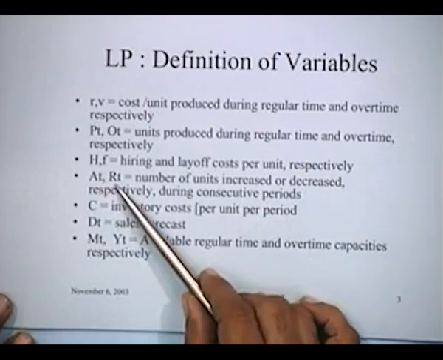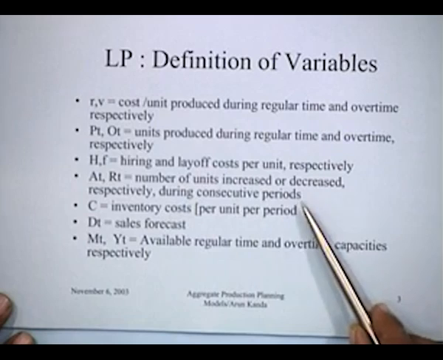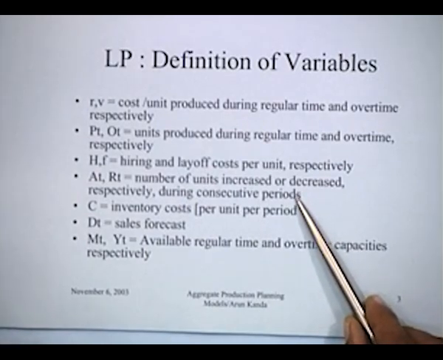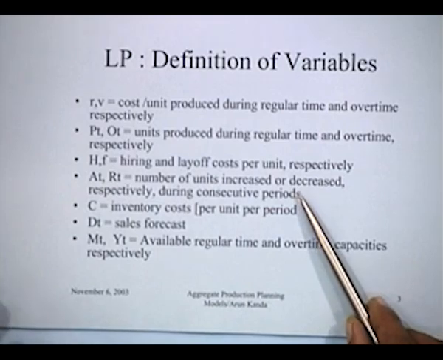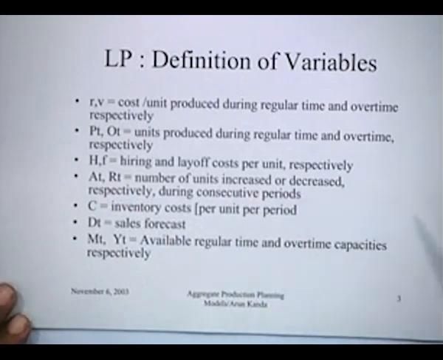Capital AT and RT are the number of units increased or decreased respectively during consecutive periods, which means that if your production was, let's say, 200 in the first period, you could make it either 250 in the next period, in which case there is an increase, or you could cut it down to 180, in which case there is a decrease. So these variables capture whether there is an increase or a decrease in production.